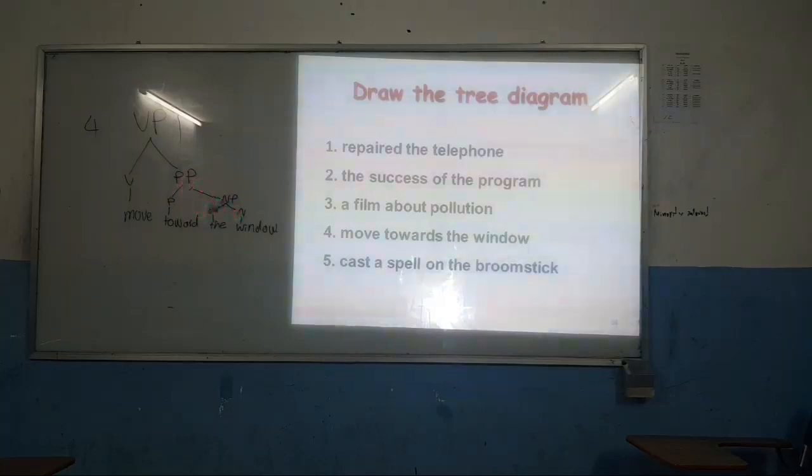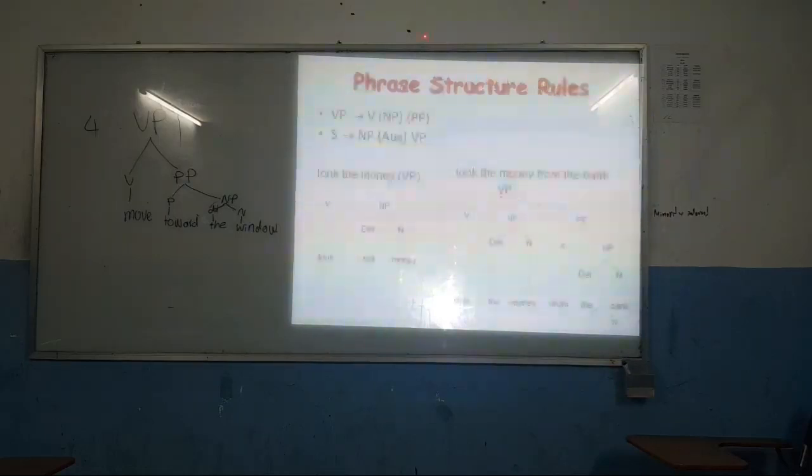How do we know that the big one is a verb phrase? Because it starts with a verb. We use the beginning word. You can check with this. You see here, verb, then a noun phrase or prepositional phrase here.